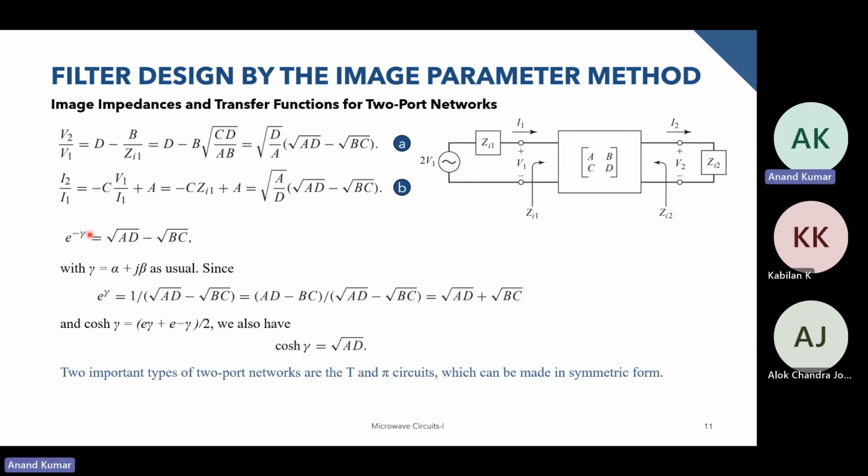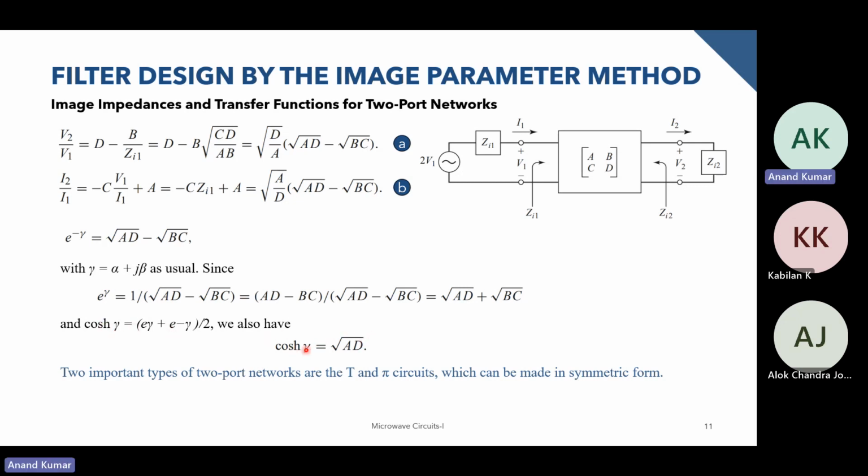With this relationship, e to the power minus gamma equals root of AD minus root of BC, and with the complex propagation constant gamma as alpha plus j beta, we can find gamma and cosh of gamma.